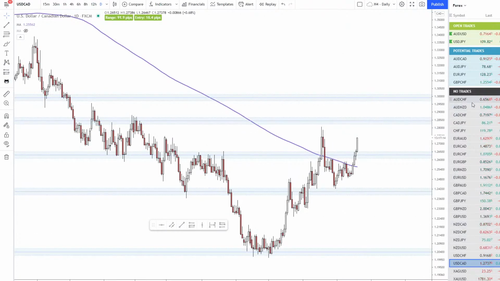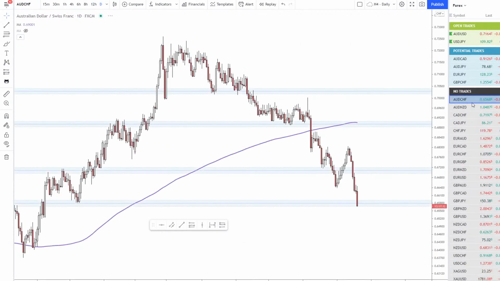Righto guys, I'm not really seeing much. I'm going to have another quick scan of the charts. Now, I'll add an AUDCHF up here for a potential short.